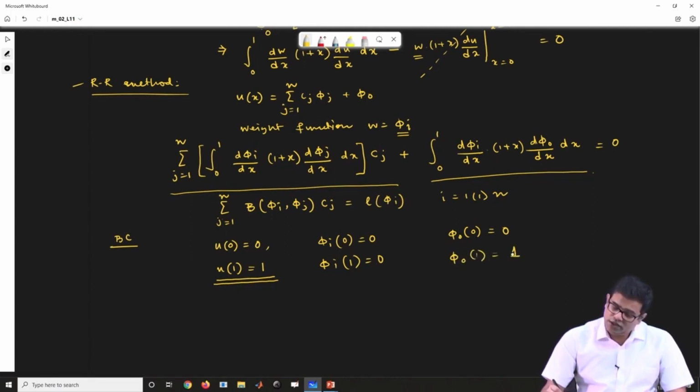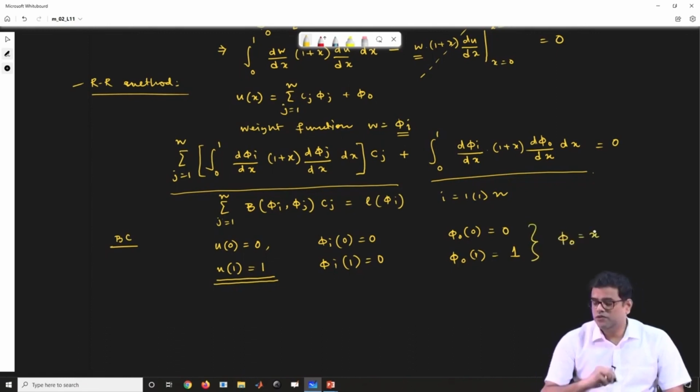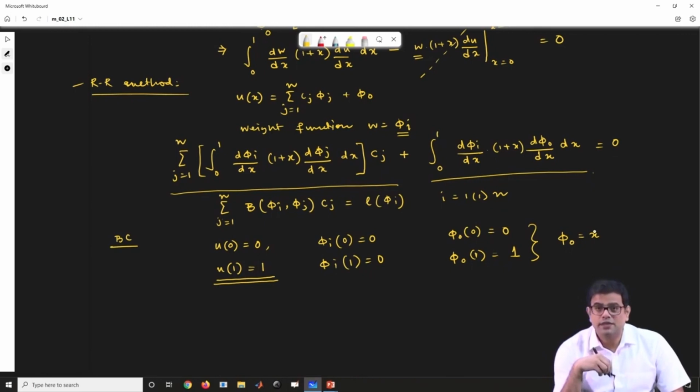So this is the requirement. So choosing this, φ0, the function that has to satisfy these two conditions, the simple choice of φ0 is x. So if I choose φ0 equals x, then this satisfies these two conditions.